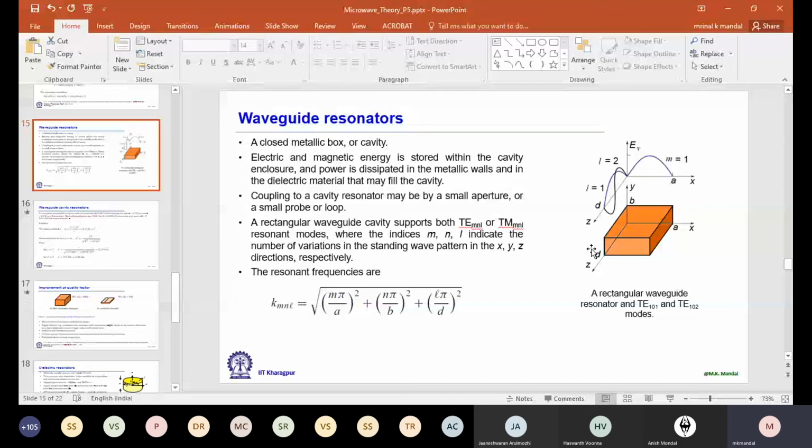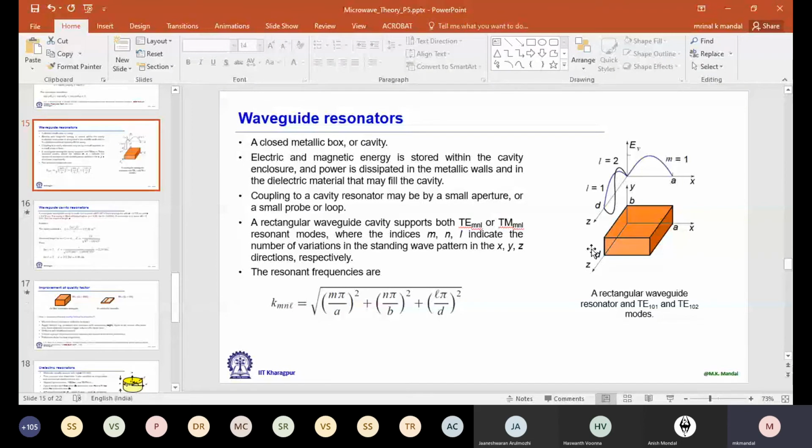Now along y, if we don't have any variation, you consider the TE10 mode. For the dominant TE10 mode, the electric field is along y and it is perpendicular on the top wall and bottom wall.